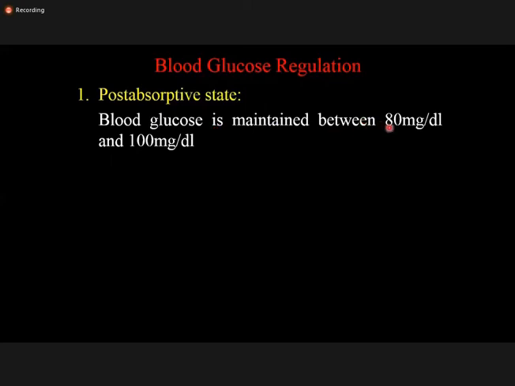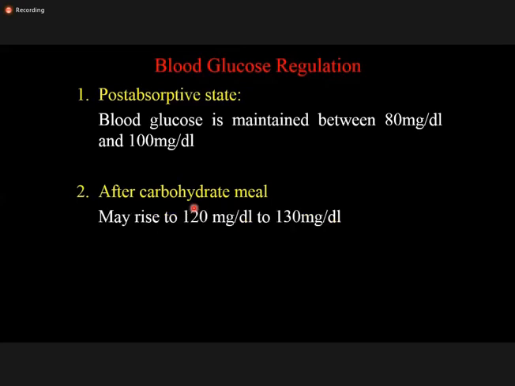That is a normal blood glucose concentration, in which the diet has been digested and absorbed, and after 2 to 4 hours, the body maintains the blood glucose concentration between 80 and 100 milligrams. Now, after taking a carbohydrate-rich meal, our blood glucose concentration may rise to 120 to 130 milligrams per dl.